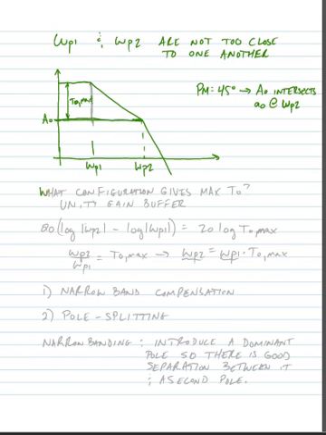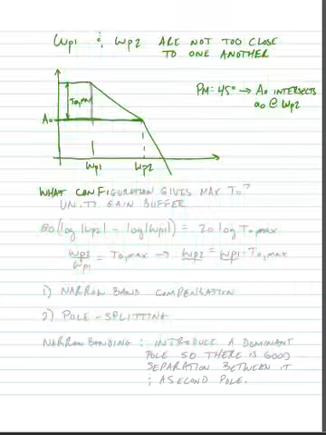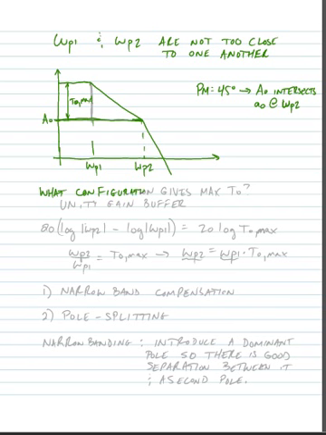One thing to ask is what configuration gives the maximum loop gain in general? Of course, the configuration that gives the max possible loop gain would be a unity gain buffer.